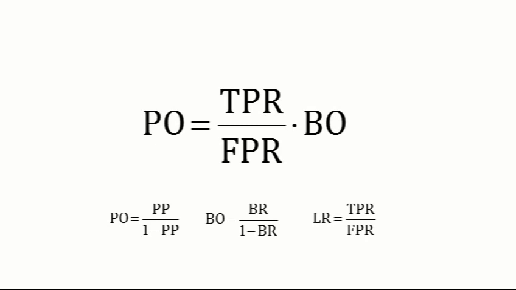Bayes' theorem in odds form shows that posterior odds are a linear function of prior odds with slope equal to the likelihood ratio. So posterior odds are higher, equal, or lower than prior odds if the likelihood ratio is higher, equal, or lower than 1.